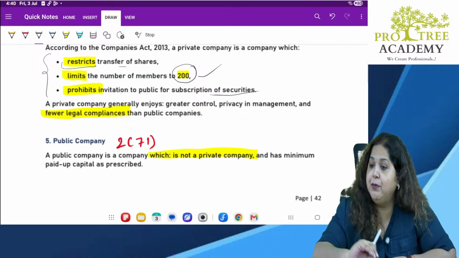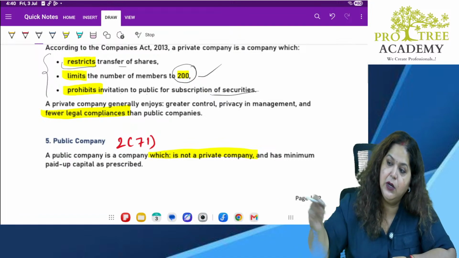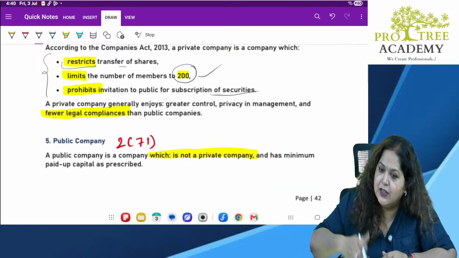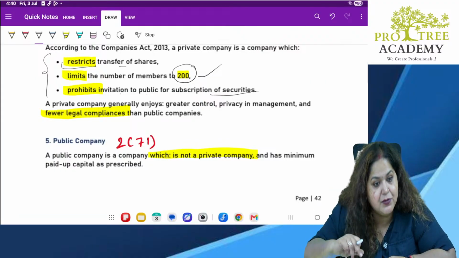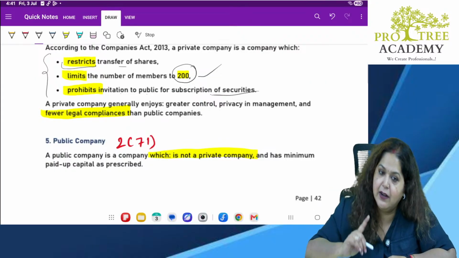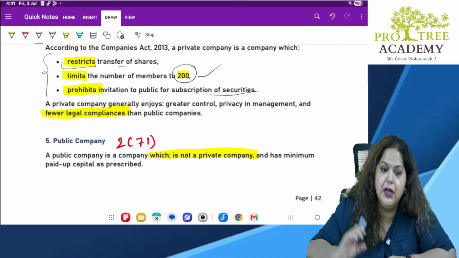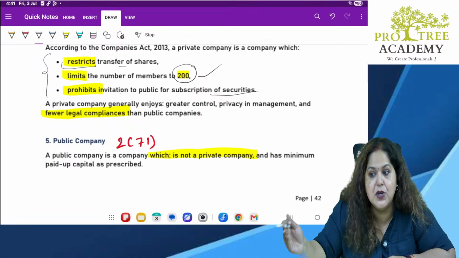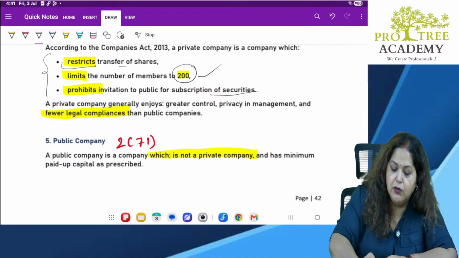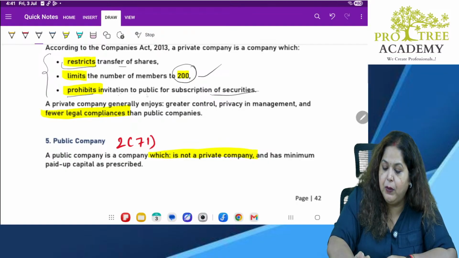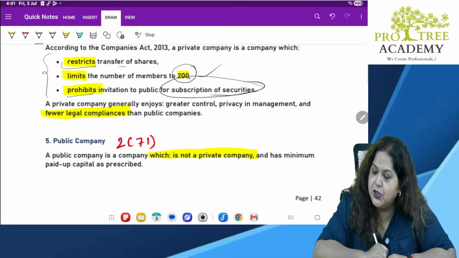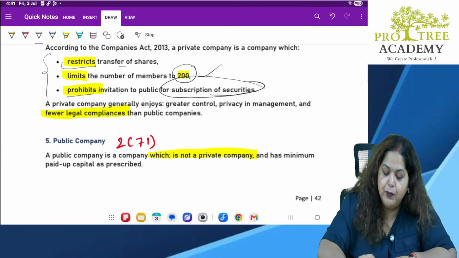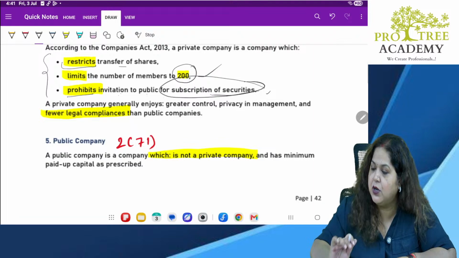If a private company wanted to bring an IPO, first they have to change into a public company. Then they can ask subscription from the public. If it is a private company, they cannot. So this is the third one: prohibits invitation to the public for subscription of securities. So: restriction of transfer of shares, a maximum of 200 members, and prohibition of invitation to the public for subscription of securities.